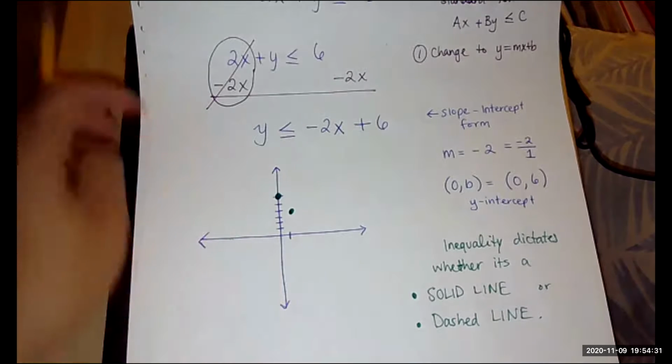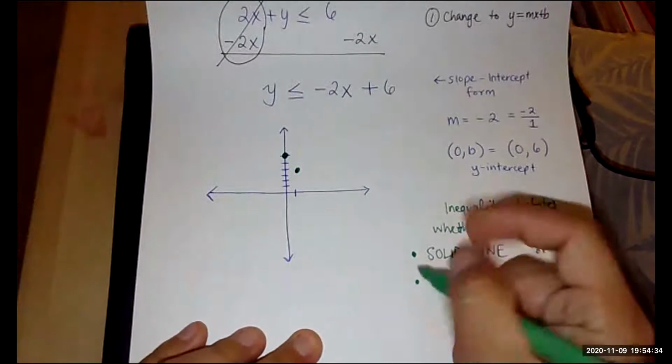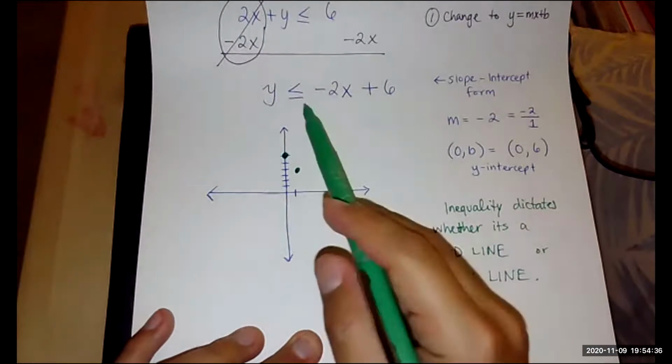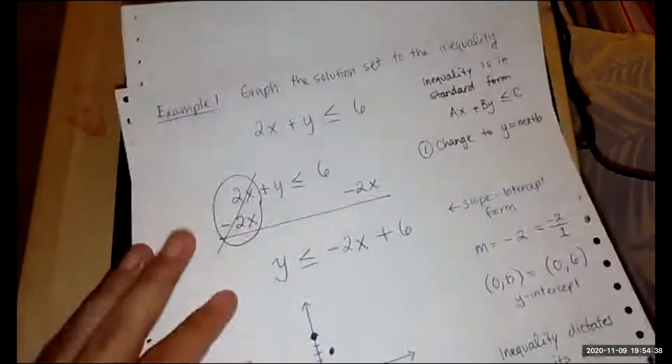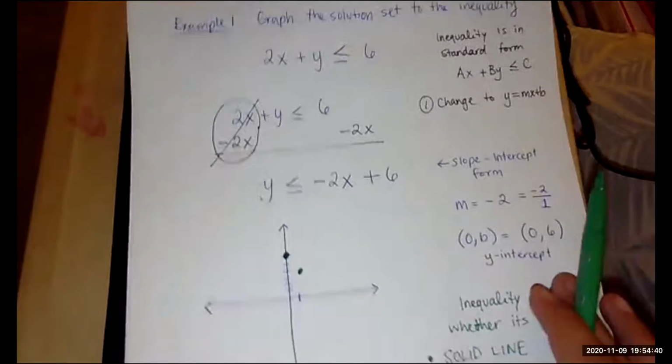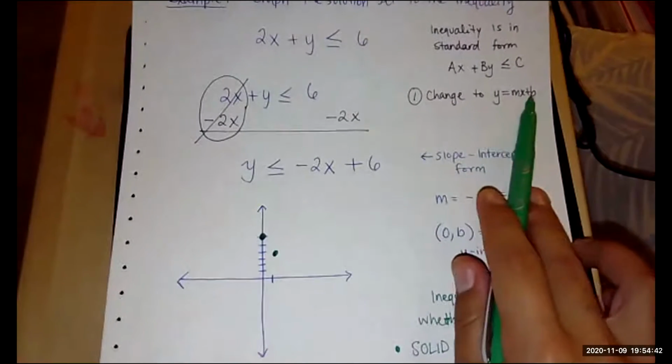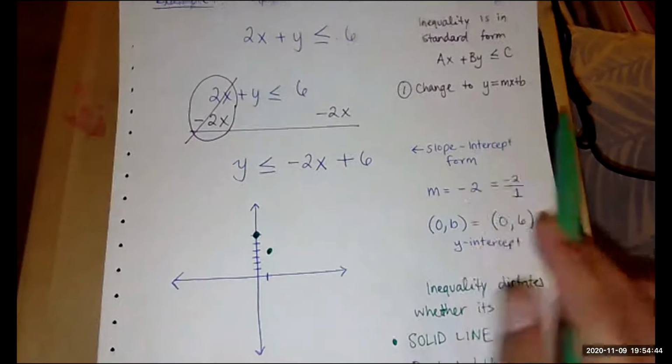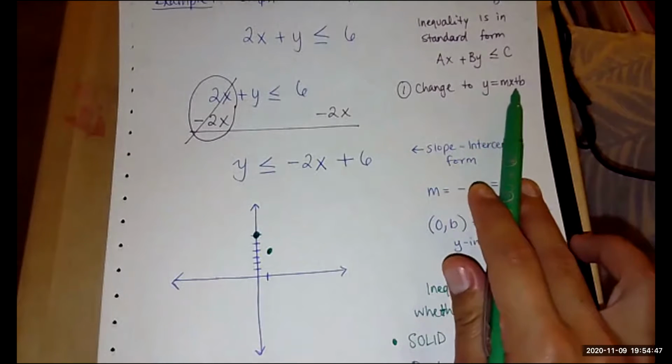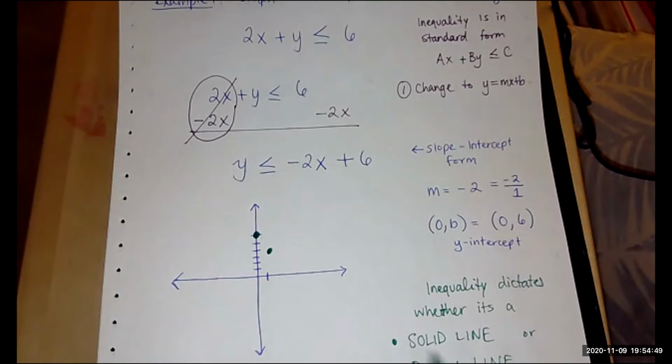Okay, so what do I mean by that? If you have an equal sign, right, when we had these equations, y equals mx plus b, I said just draw a straight line through those 2 points. So if there's an equal sign, I can draw a solid line.